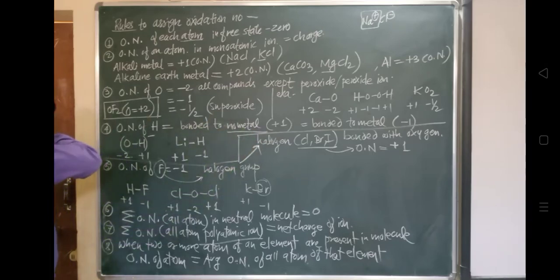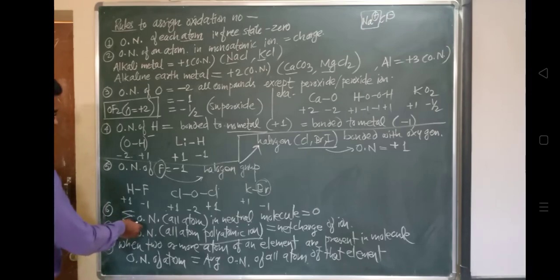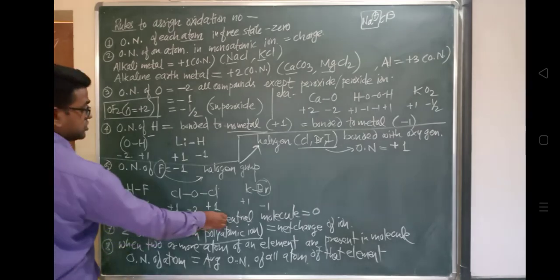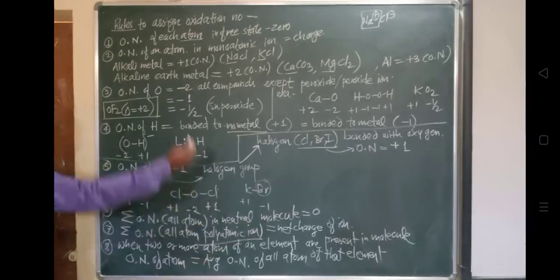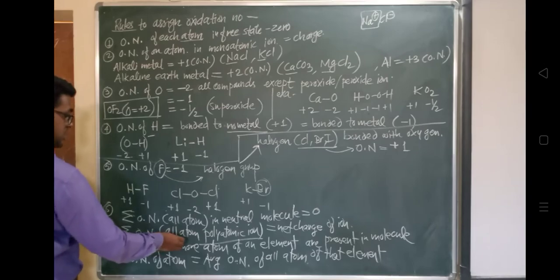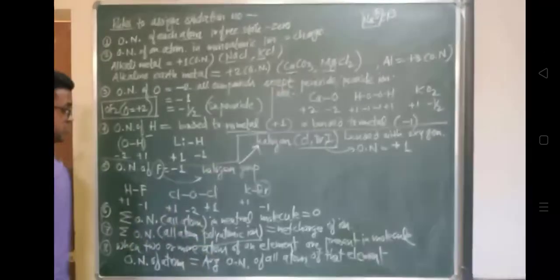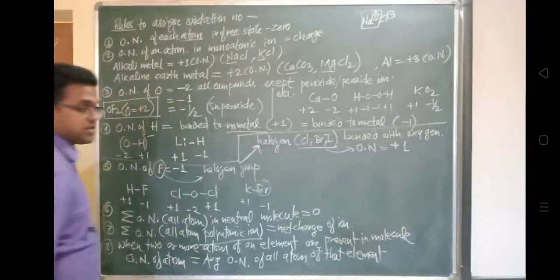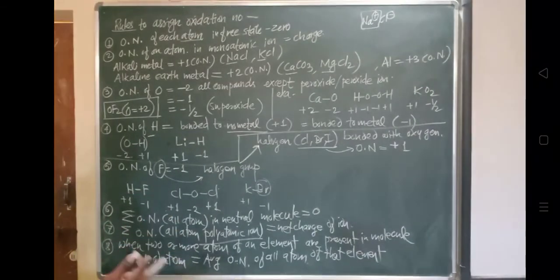So these are the examples, and rules 6, 7, 8 are general. The algebraic sum of the oxidation numbers of all the atoms in a neutral molecule will be 0. The sum of oxidation numbers of all the atoms in a polyatomic ion will equal the net charge on that ion.